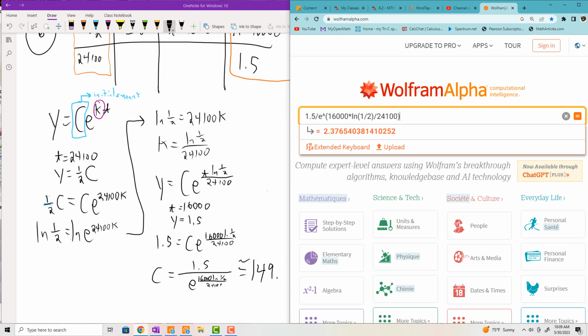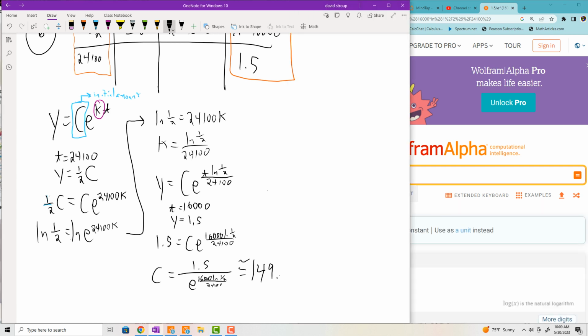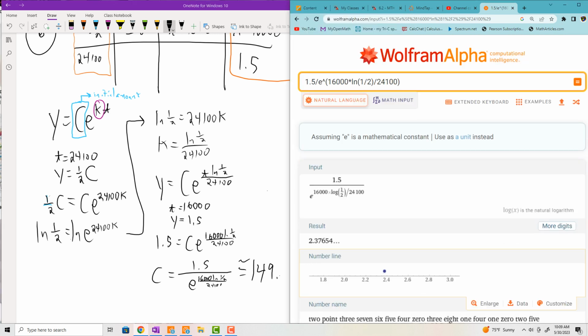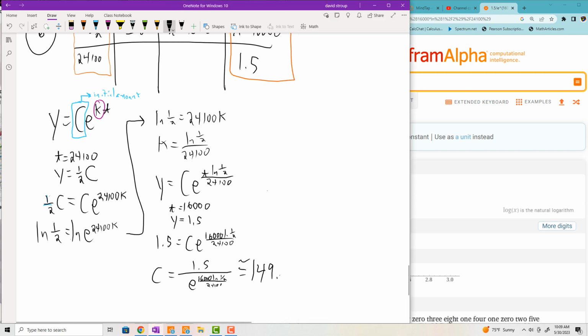Oh, now I'm getting a different answer. That's kind of concerning. This 2.3. Let me push enter so it doesn't go away again. 2.377. I must have forgot to put some parentheses in the first time.